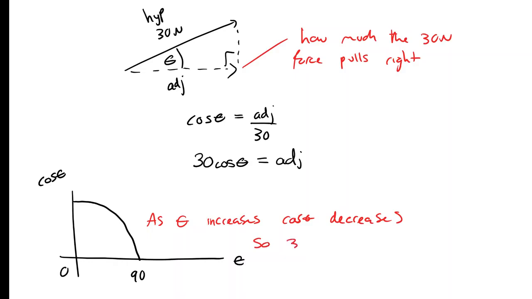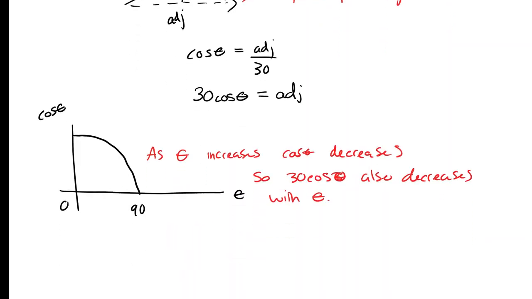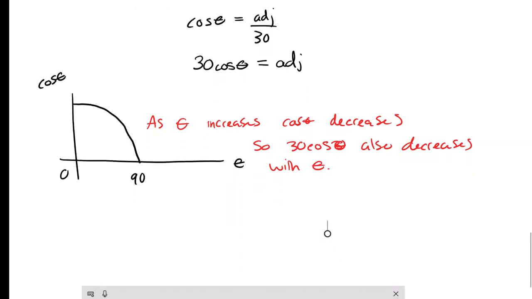So 30 cos theta also decreases with theta. Once we've broken things down into components, we can see what actually interacts with what.